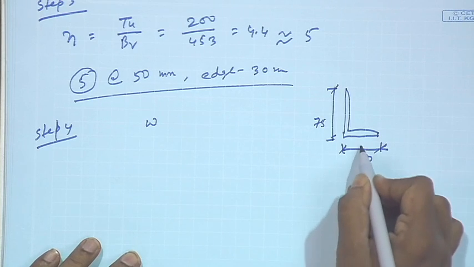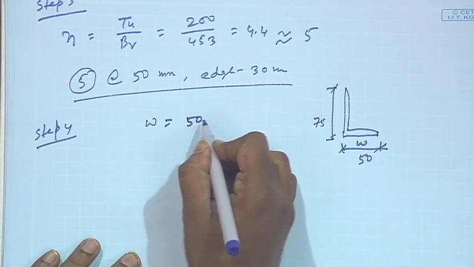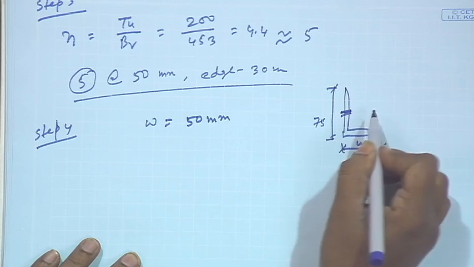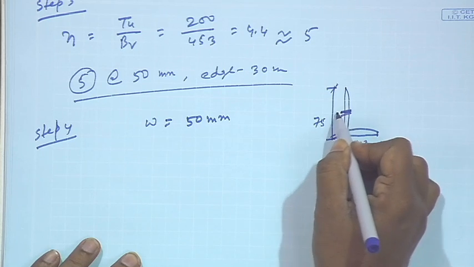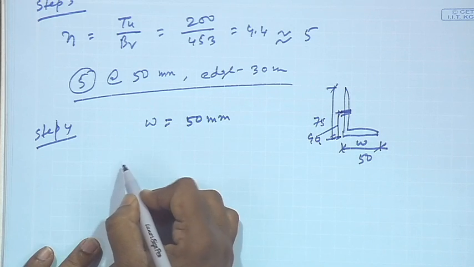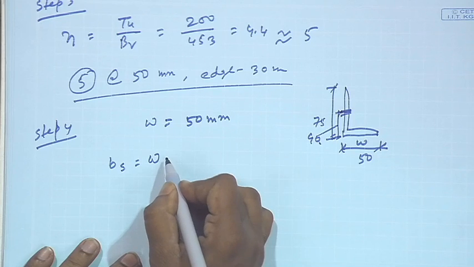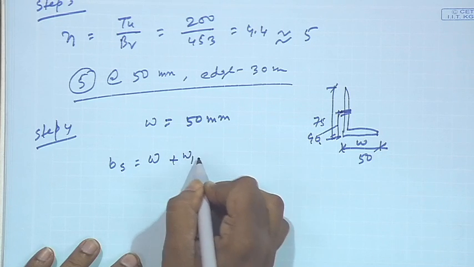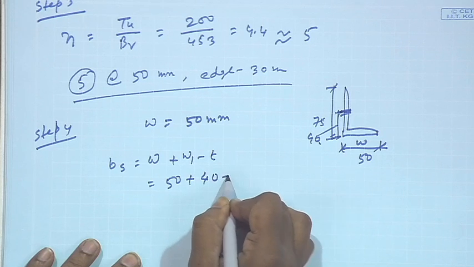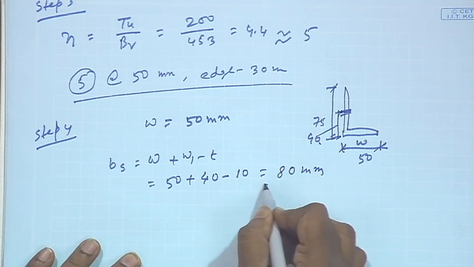So, W is this, the outstanding leg. So, W is equal to 50 mm and bolt is provided at a distance of 40, right. So, BS will be, we know the shear lag width will become W plus W1 minus T. So, 50 plus W1 will be 40 and thickness is 10. So, 80 mm.